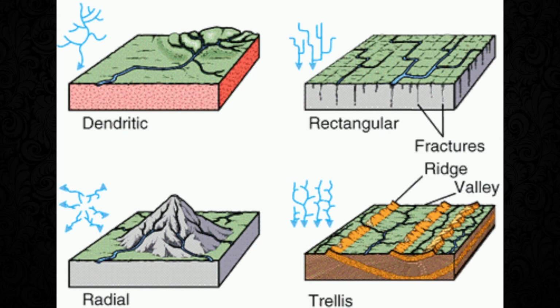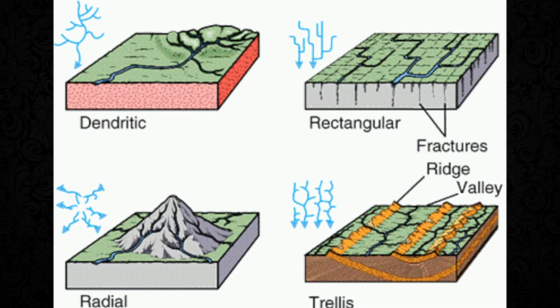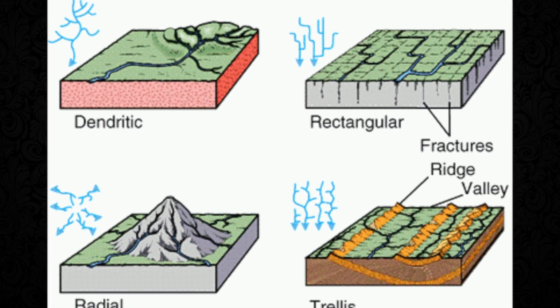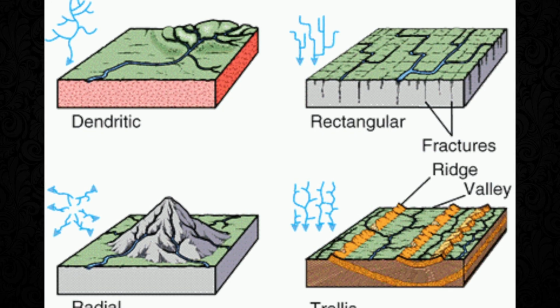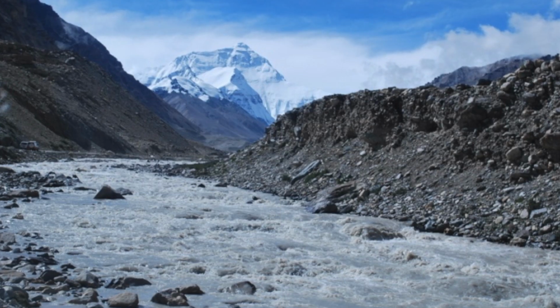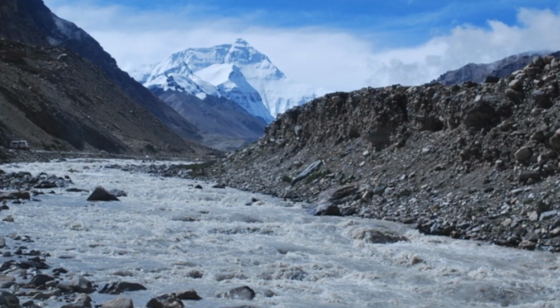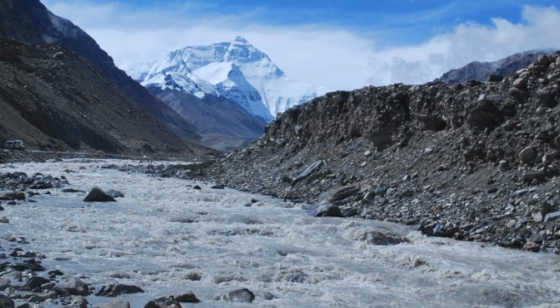Trellis pattern is a rectilinear pattern formed where the structural controls occur at right angles. In this type of drainage pattern, the river forms a net-like system and the tributary streams of each class flow roughly parallel to each other. The trellis drainage pattern develops in areas where hard and soft rocks occur in roughly parallel bands.